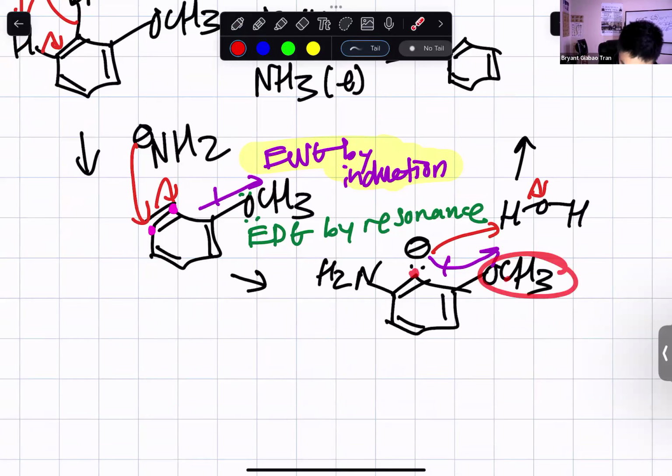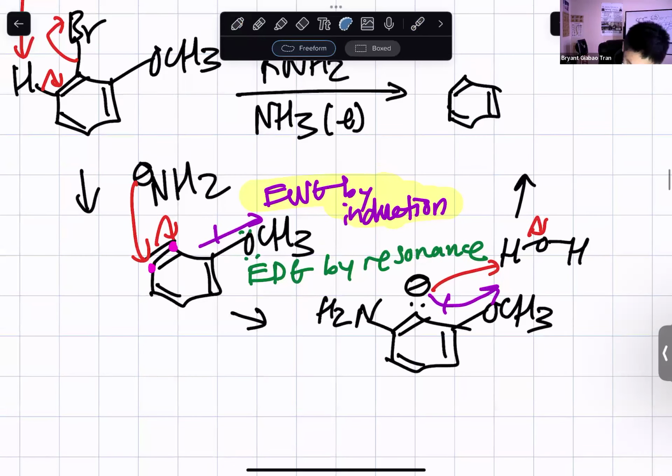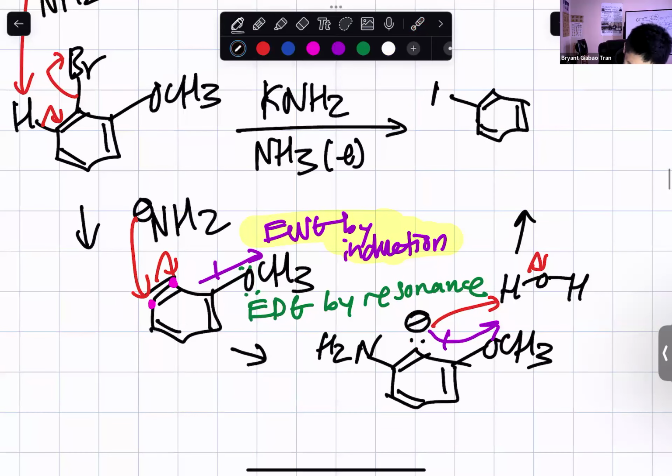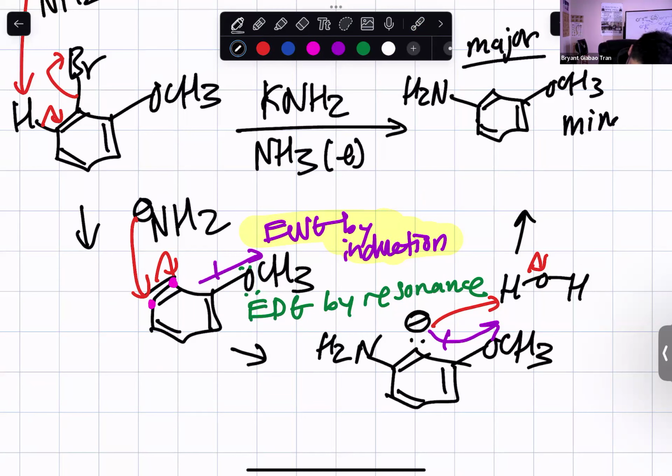It looks counterintuitive because this is an EDG by resonance, but the oxygen just withdraws electrons from the negative charge, making it stable, and that results in the major product here, meta major. And the minor would be ortho because the negative charge would be too far away.